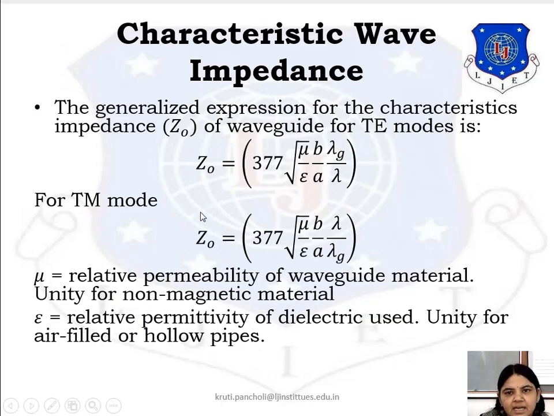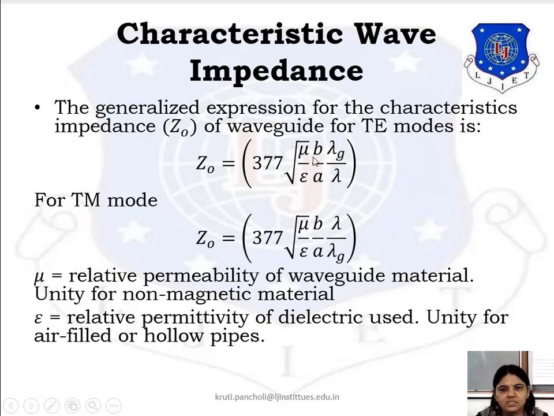Now next is the characteristic wave impedance. The generalized expression for the characteristic impedance Z0 of a waveguide for the TE mode is, again you need to remember this equation: Z0 is equal to 377 square root of mu upon epsilon, b by a, lambda g upon lambda.